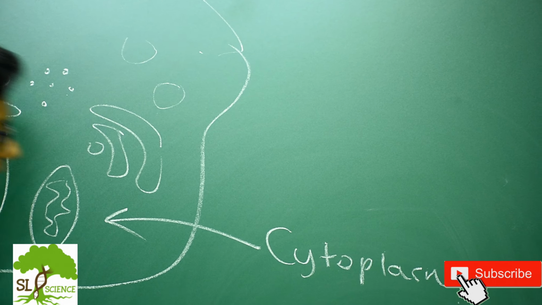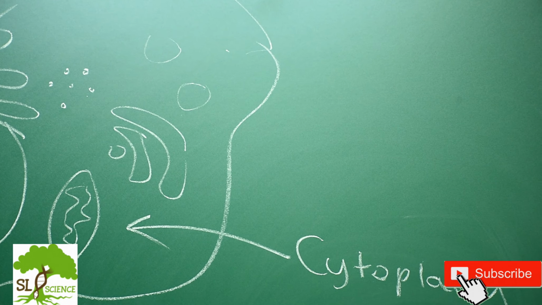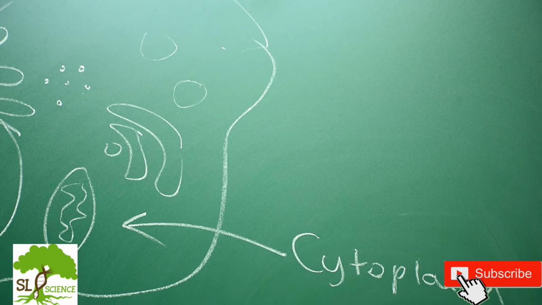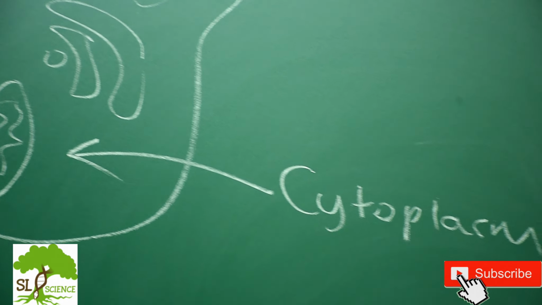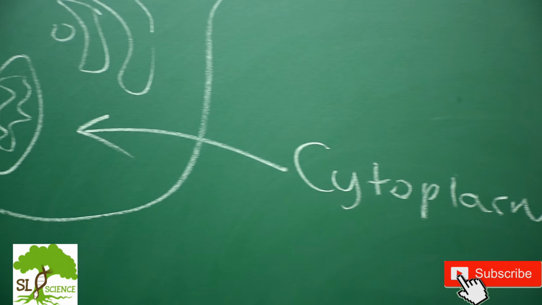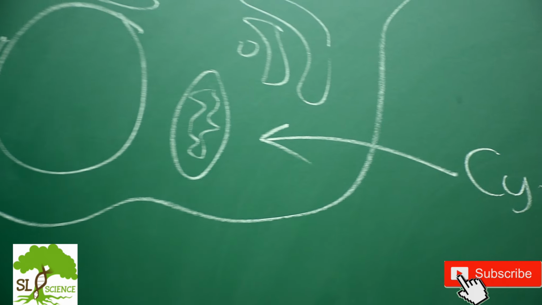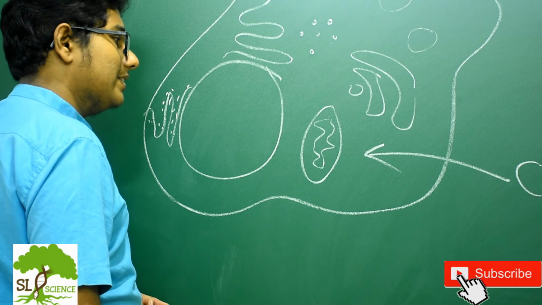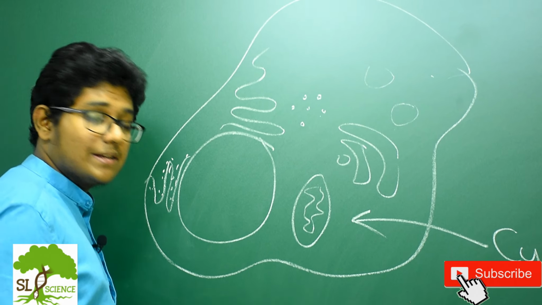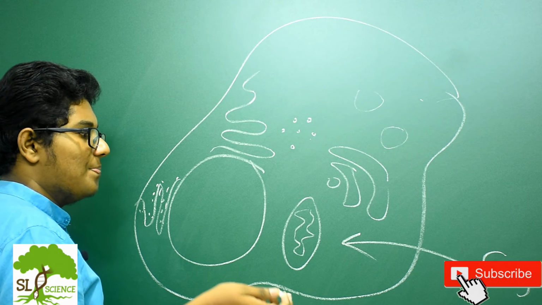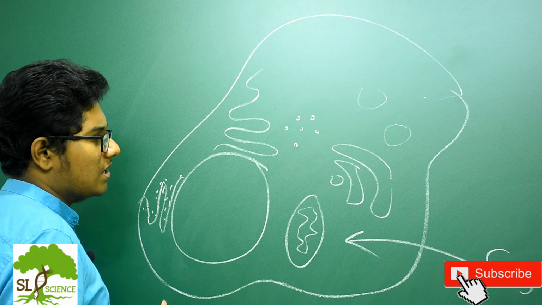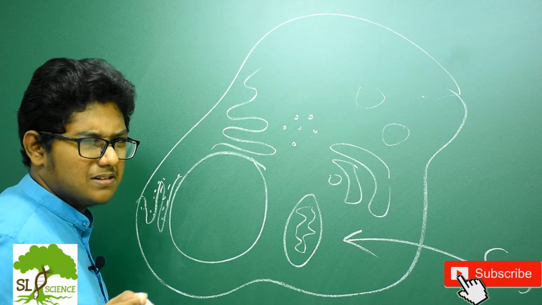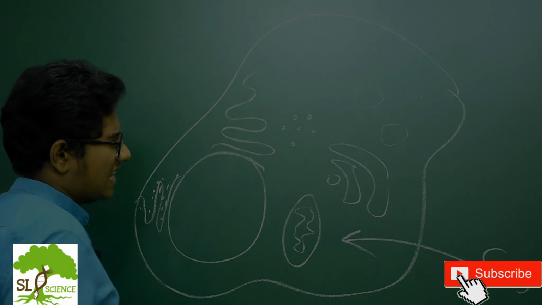The cytoplasm gives shape to the cell, and it gives space for the metabolic reactions inside the cell. Those are the main functions of the cytoplasm.